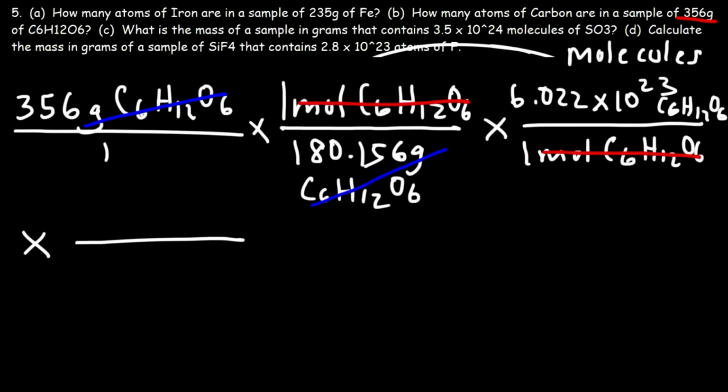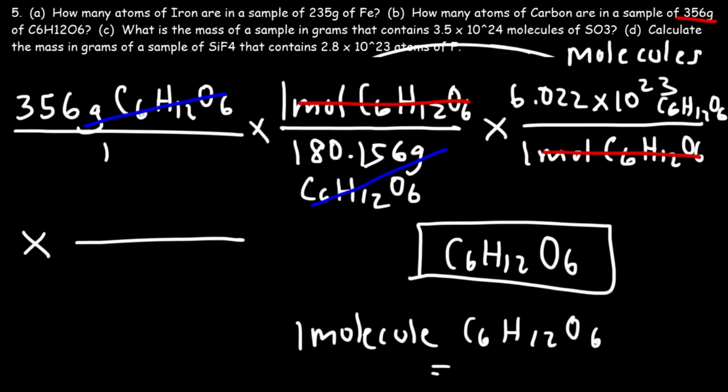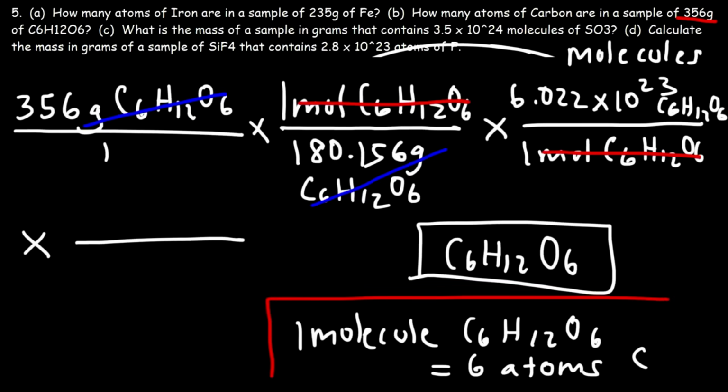But for now, we need to use the formula of glucose, which is C6H12O6. According to this formula, we could say that 1 molecule of glucose contains 6 atoms of carbon. Do you agree with that? So this is our conversion factor for the last step.